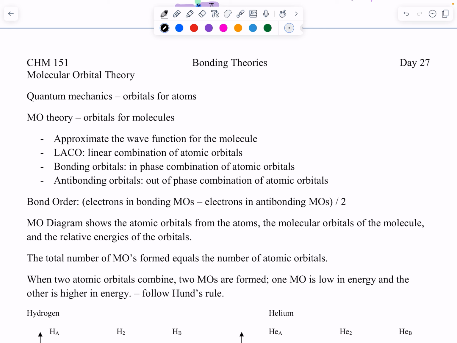And so when we bond, when these atoms interact, there are waves that are going to be in phase and waves that are going to be out of phase, all right? And so what do I mean by that? If I have a wave function and it goes up, down, up, and then down, right? Positive first, then negative, right? And if this one, right, goes positive first, then negative, they're in phase.